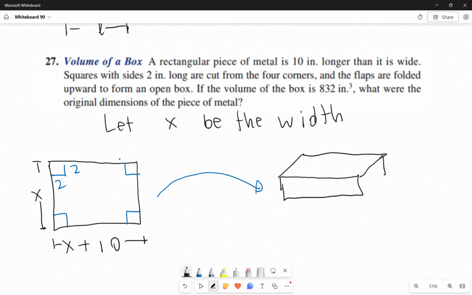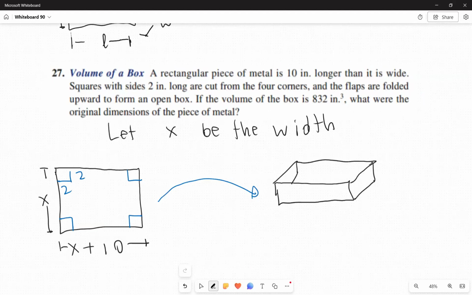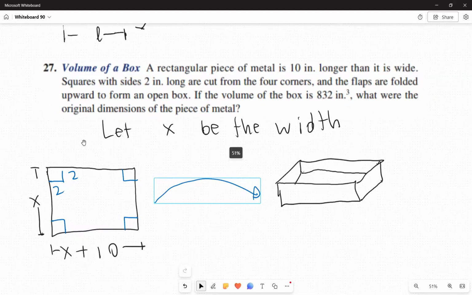So this is going to be an open box. And the dimensions of the box are going to be, the height of the box is going to be 2.